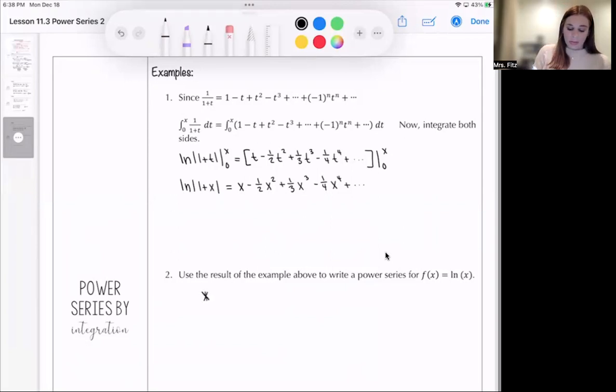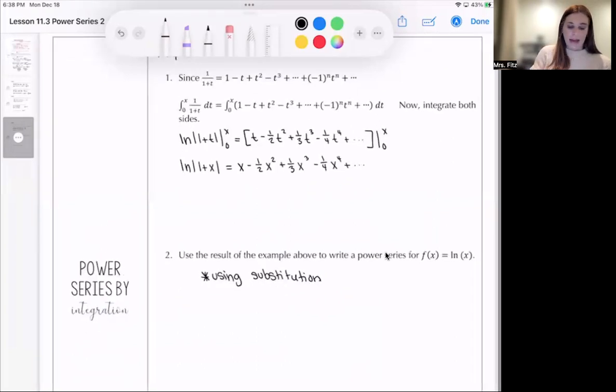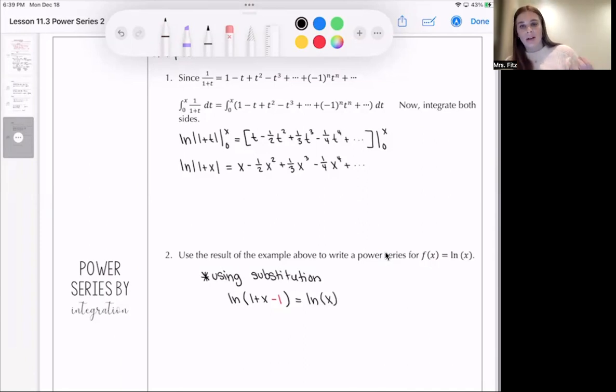So using substitution, you can see that natural log of 1 plus x, right, minus 1, okay, is equal to the natural log of x. So all you have to do to find the power series for natural log of x is subtract 1 from the input variable in the series that we already found.